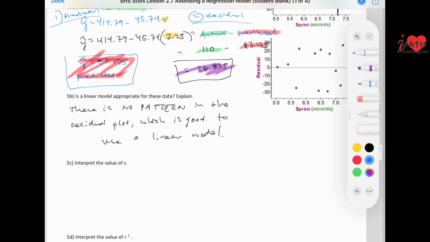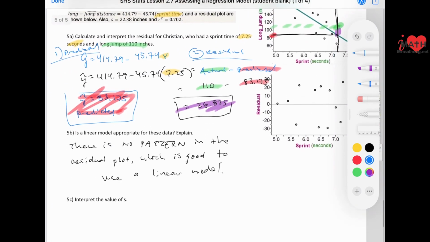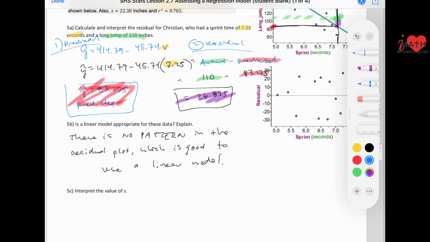Okay, what's our next one? Interpret the value of S. So S, they gave us, was 22.38. Okay? When using the least squares regression line, what is x? X is the sprint time, measured in what? Seconds. And the y, well, what do we use that for? What did we use that for in the last problem?